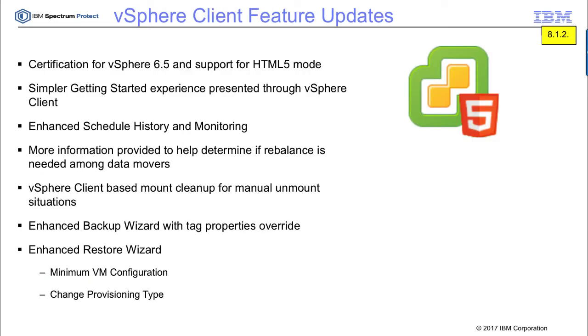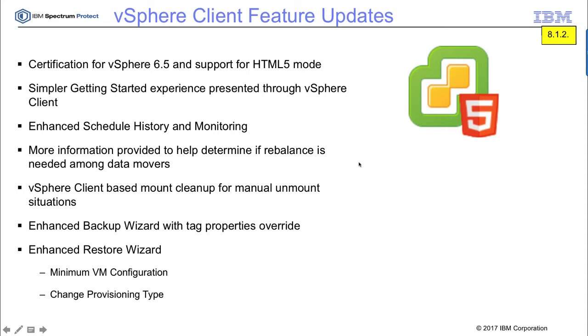Okay, so continuing with the version 8.1.2 features, as most of you probably know, we continue to, in almost every quarterly release of data protection for VE, add additional feature functionality to the vSphere web client. And version 8.1.2 is no exception.